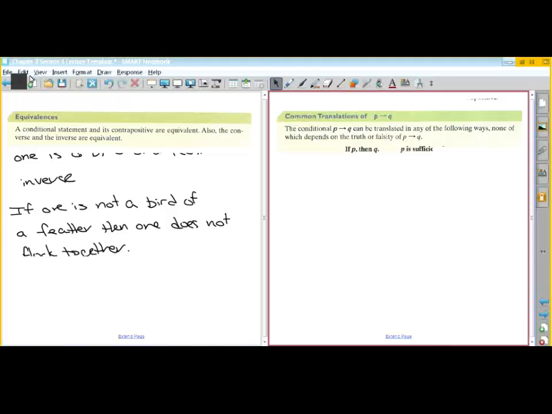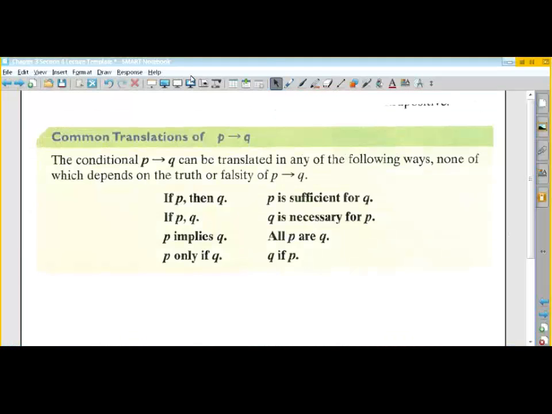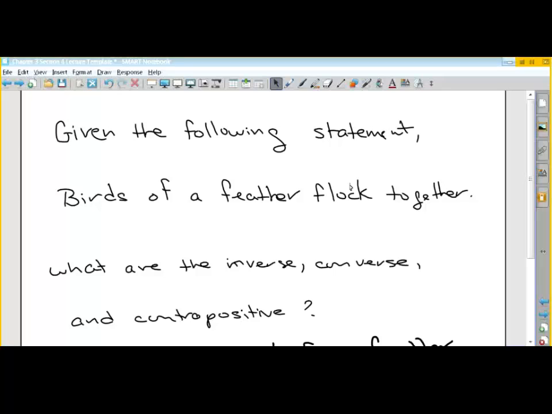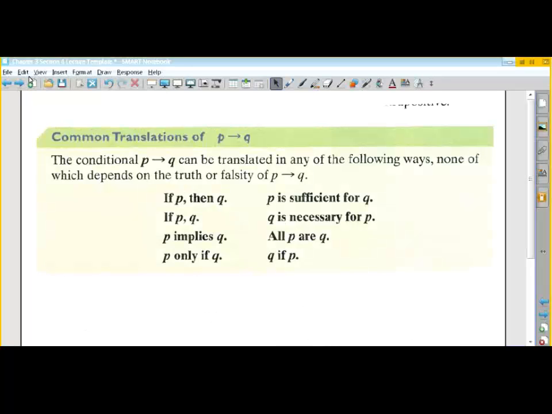This is just some common translations of the if-then statement, which are equivalent to if-then statements, and I sort of used that when I was doing this problem. I had to take the original statement, which was not an if-then statement, and create an if-then statement from it. But there are other ways you could mean the same thing as an if-then statement.